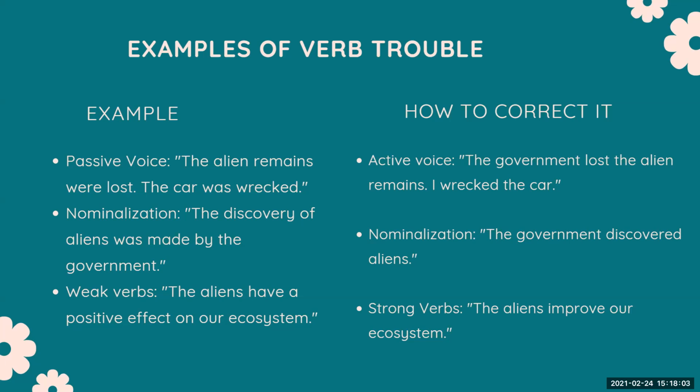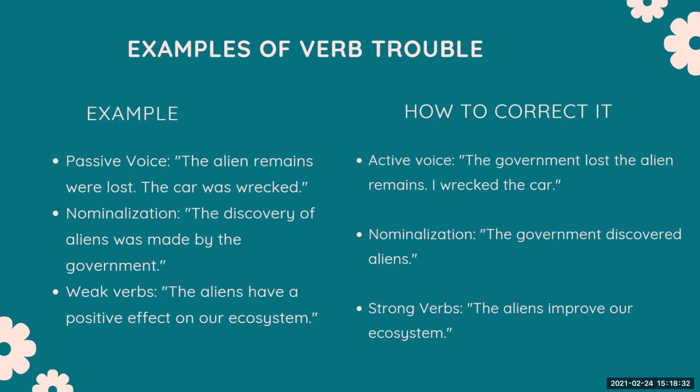For nominalization, once again, nominalization refers to a verb being used as a noun in a sentence. An example of that looks like: the discovery of aliens was made by the government. We want to focus on changing that noun back into a verb to, again, just have a more straightforward sentence. So then we have a sentence that reads, "The government discovered aliens."